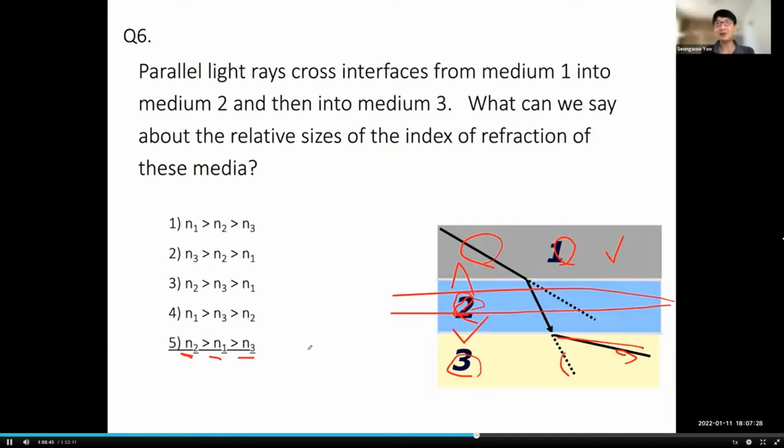The refractive index will change with the different colors of the white light. So depending on your wavelength, the refractive index also changes. That's also true. And I will come to that point in the next slide. All right.